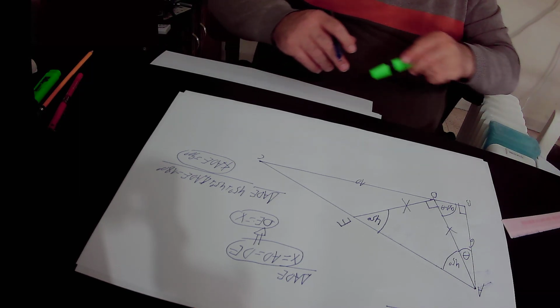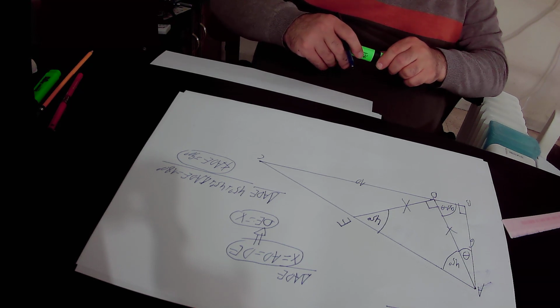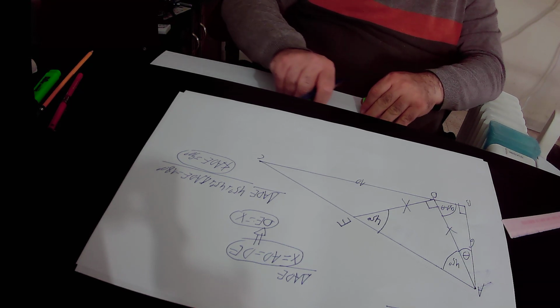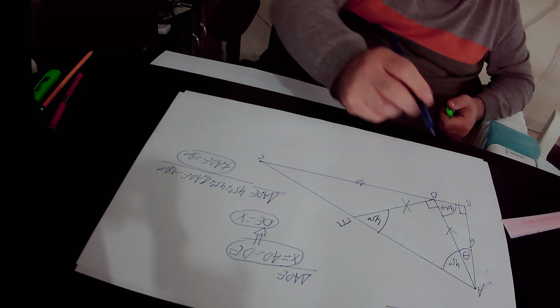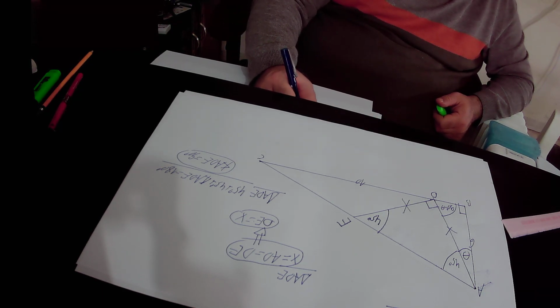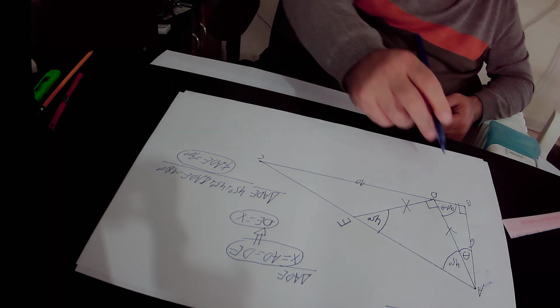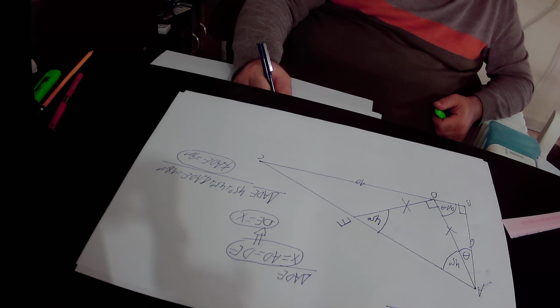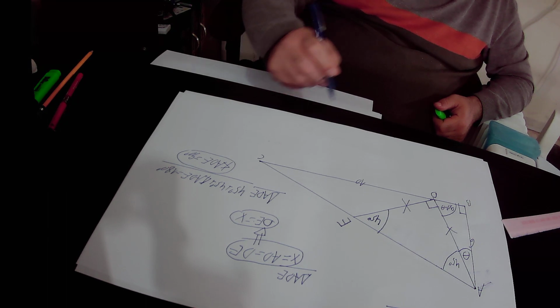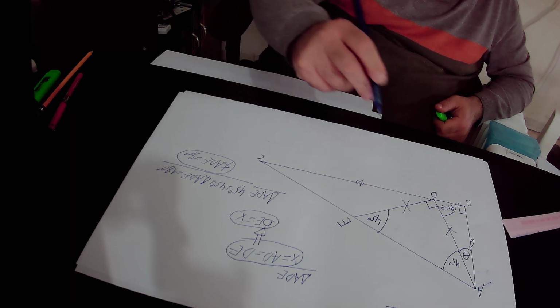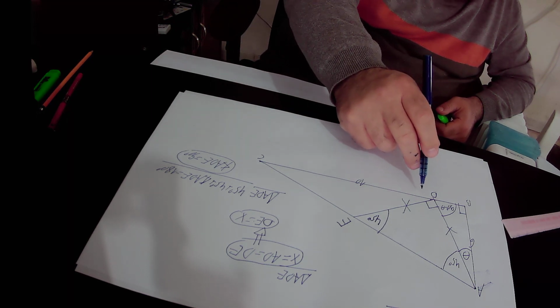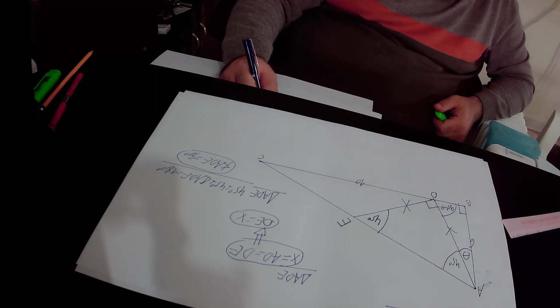So which angles do we have on the upper side of the straight line BC at point D? We have this angle equals 90 degrees minus theta. This angle equals 90 degrees. And the missing angle is angle EDC.